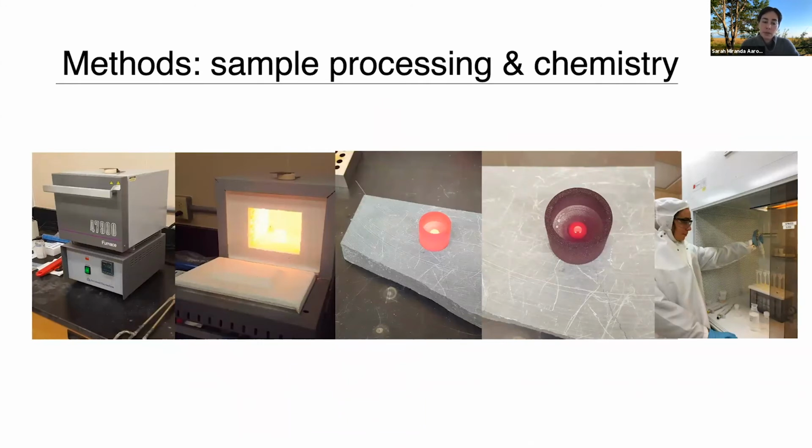So a bit about the methods that we use for analyzing the titanium isotope compositions of our rocks. We essentially mix our rocks with lithium metaborate, so we form a glass bead and we heat it up in this furnace. When it cools, it looks like this little glass bead. This is how I'm able to dissolve the titanium. I then crush the bead and then I do column chemistry. I basically use clean lab chemistry and acids to separate out the elements that I'm interested in measuring.